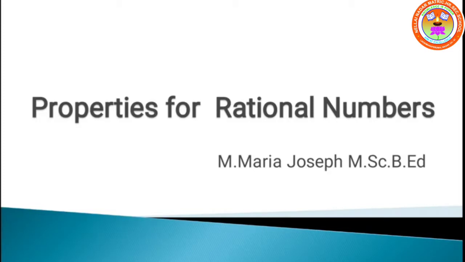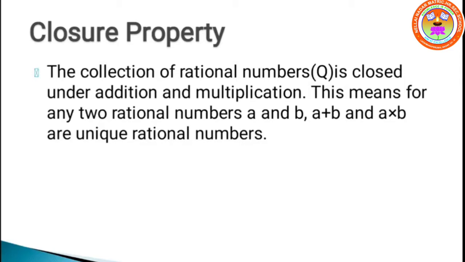Today we are going to see the properties of rational numbers. The first property is closure property. We'll see the definition now. The collection of rational numbers Q is closed under addition and multiplication.